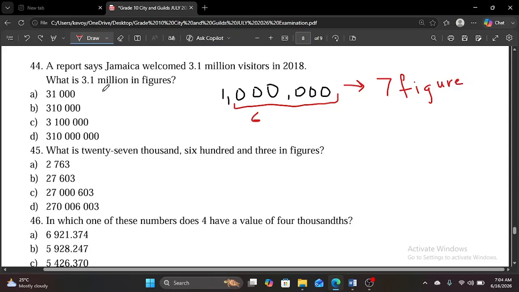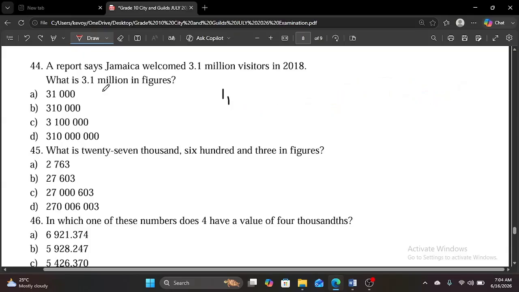All right, so let's see which number has 7 figures. That's going to be 1, 2, 3, 4, 5. No. 1, 2, 3, 4, 5, 6. No. 1, 2, 3, 4, 5, 6, 7. So this right here is a 7-figure amount.